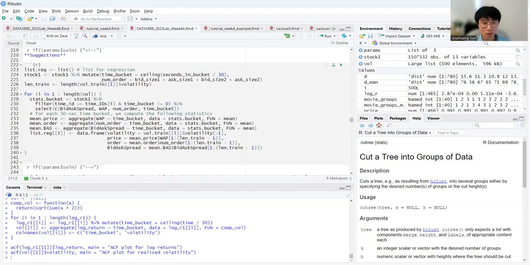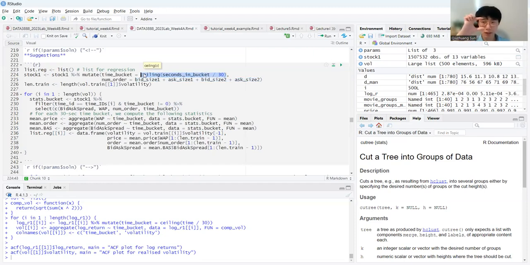So now this code here just adds a new column to show the number of orders in every second of the last period, and this is just the index.